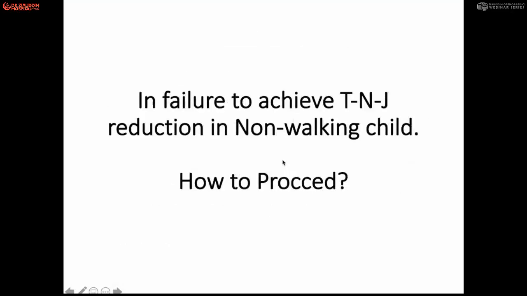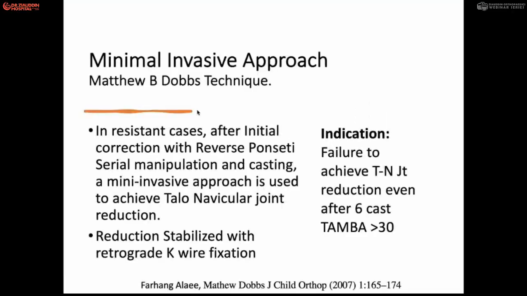In case of failures, how do you manage resistant cases in non-walking children when the age is more than 4 months, 5 months, or the 1 year age group? How to proceed in these cases? Dobbs has given a technique of a mini invasive approach.